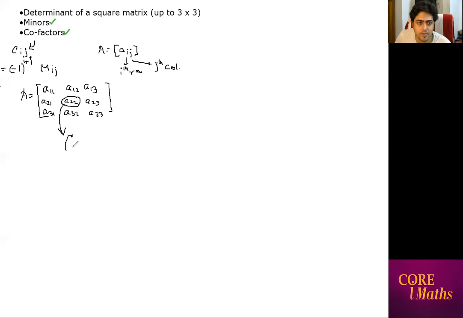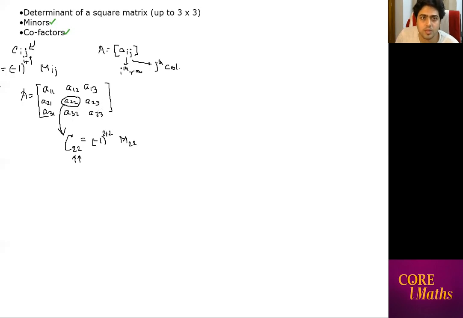First, the cofactor of A22, write as C22. First you have to identify the location, that is A22 belongs to second row and second column. So -1 whole to the power 2 plus 2 into its minor value. So for A22, what is the minor value? That is M22.